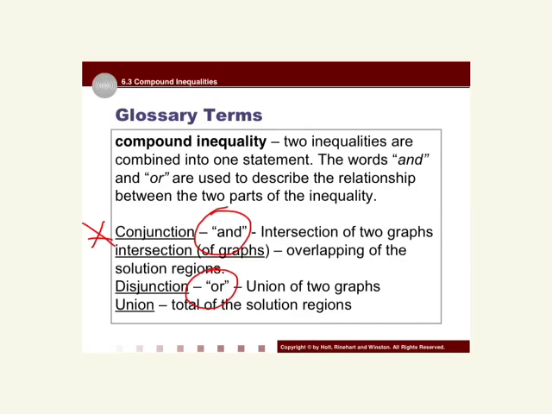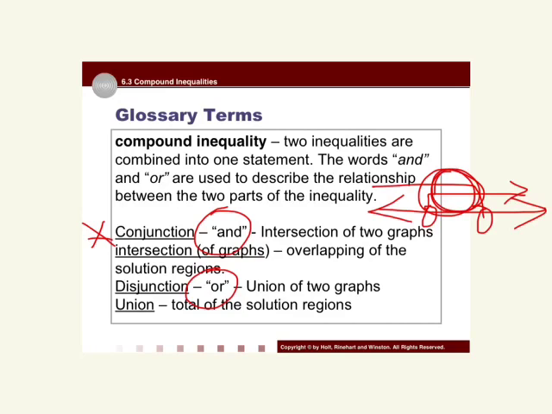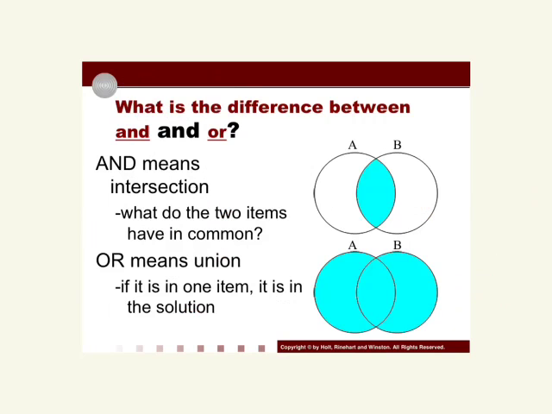So, for example, in a conjunction, if we would have a graph going this way and a graph going this way, where they overlap is a solution. And in a disjunction, you'd have a graph probably going one direction and then going this direction, and the union is just everything that's being graphed on the number line is your solution.